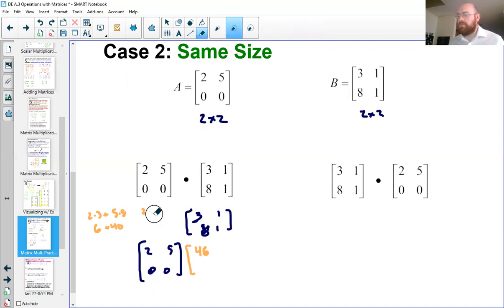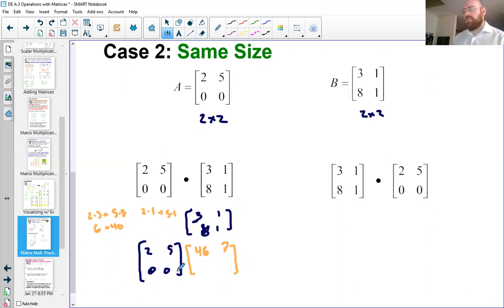I'm not being very attentive to what I'm doing because I'm now on the second column. So it's 2 times 1 plus 5 times 1. So 2 plus 5 essentially, and that is 7. Finding the numbers for our second row is going to be really easy, because 0 times 3 plus 0 times 8 is 0, and 0 times 1 plus 0 times 1 is also 0.